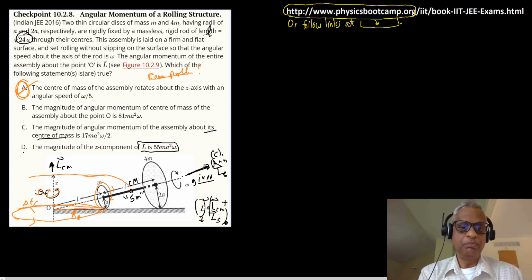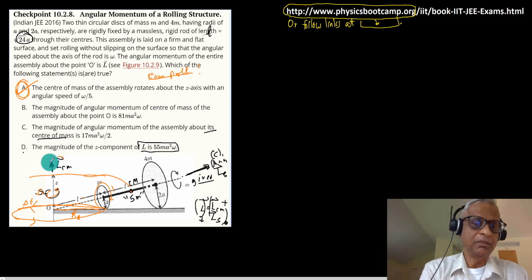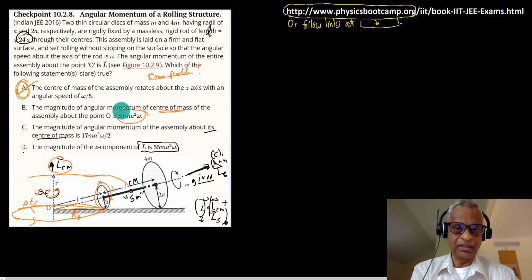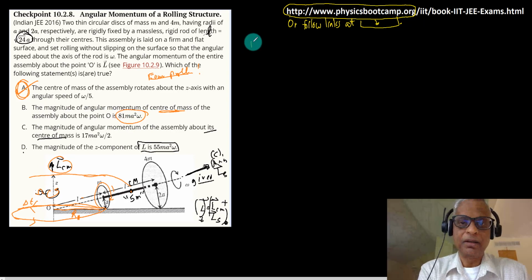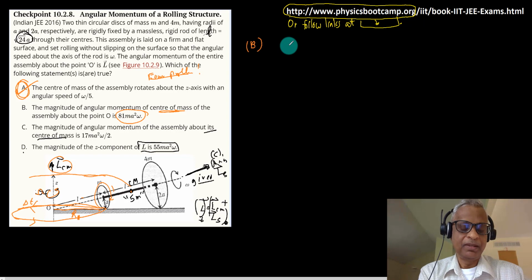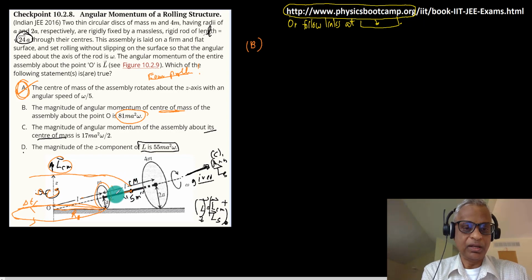Okay, so B is about angular momentum, this L, about this part of the center of mass, and it claims this is the answer. Let's see if that's correct. So for B, we need a formula.